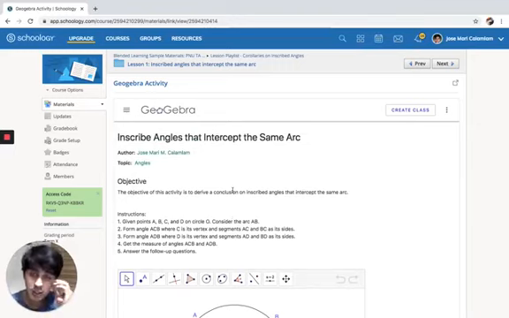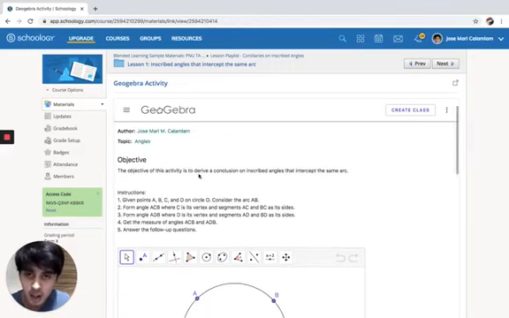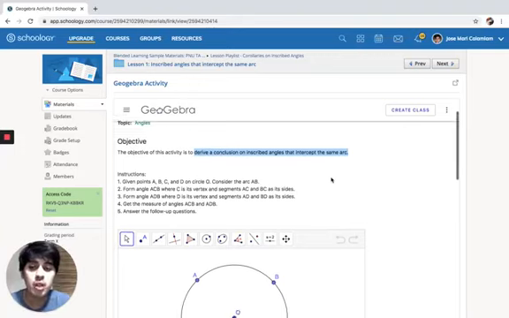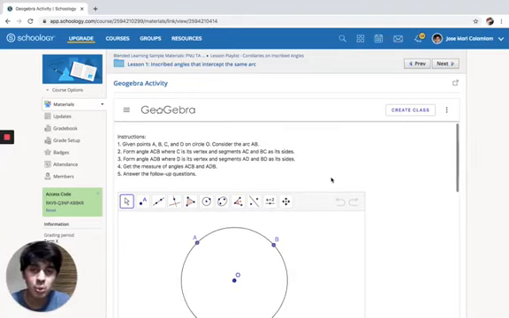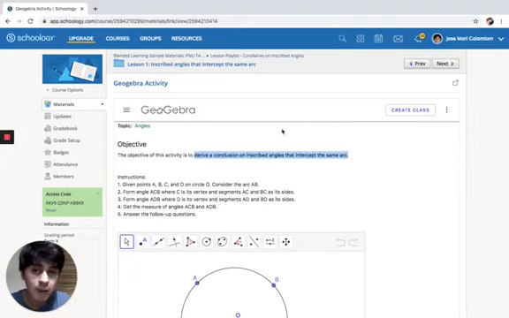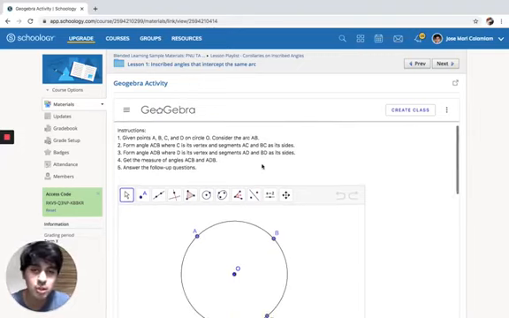This time we're going to derive a conclusion on inscribed angles that intercept the same arc. That will be our objective, so we should have a conclusion on this topic by just working on this activity.